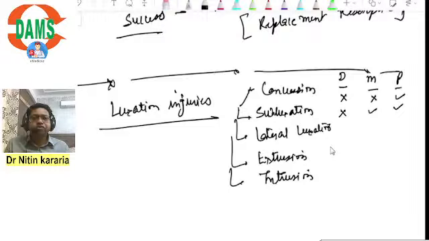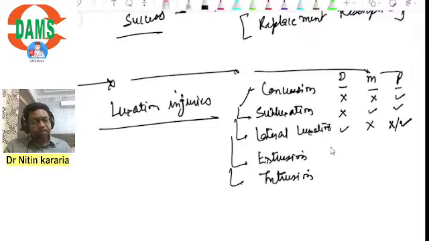Whenever there is a case of lateral luxation, there is displacement of the tooth in any of the 4 directions, that is buccal, lingual, mesial, or distal. There is mostly no mobility of the tooth because the tooth has become lodged in the bone, and there may or may not be pain on percussion.